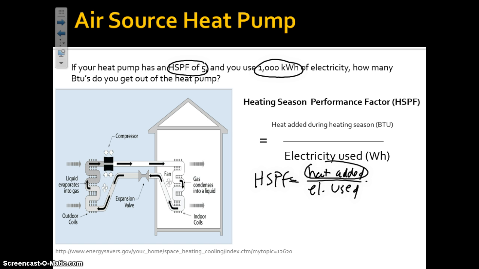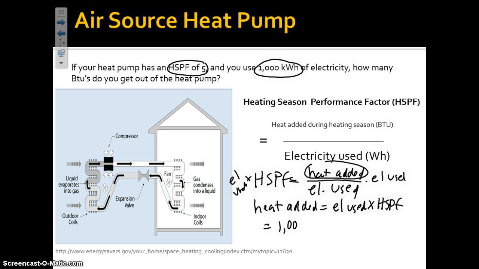So if you do some rearrangement, you multiply by electricity used on both sides. Your heat added then equals your electricity used times your HSPF. So electricity used is 1,000 kilowatt hours, remember we'll convert this to watt hours, so it's 1 million watt hours times my HSPF of 5.